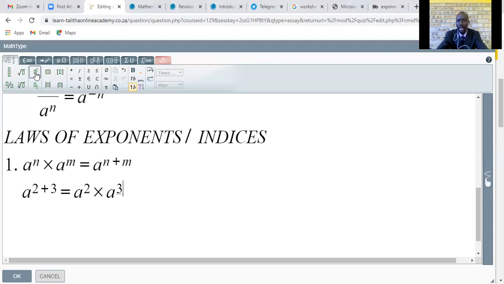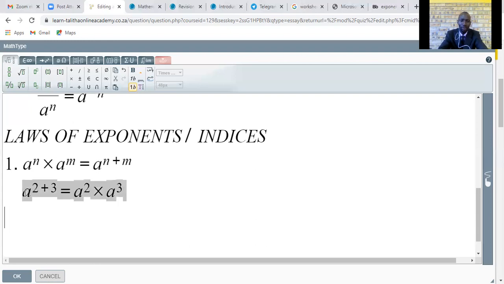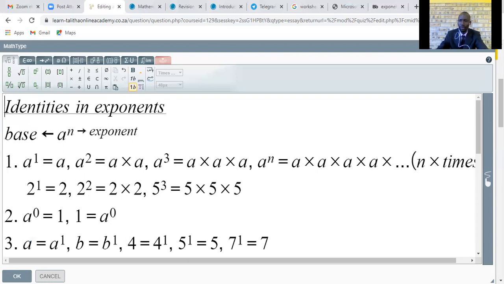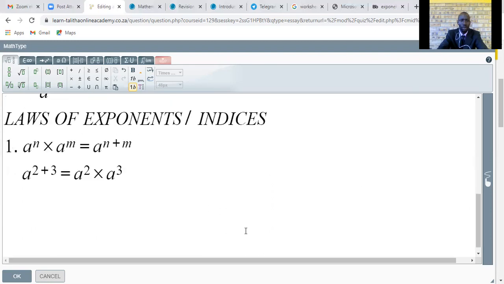It's very important that you understand both sides of the rule.